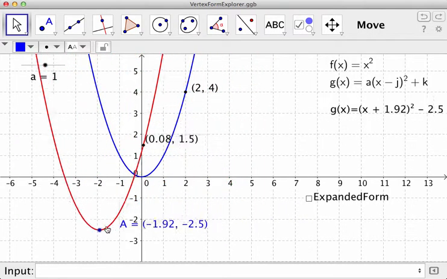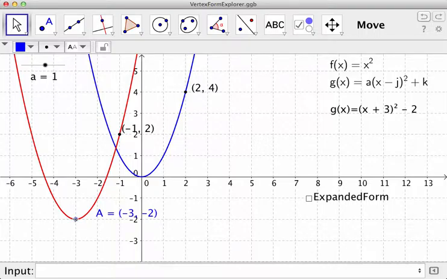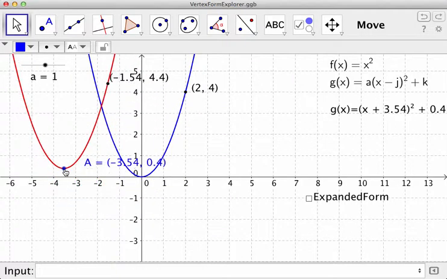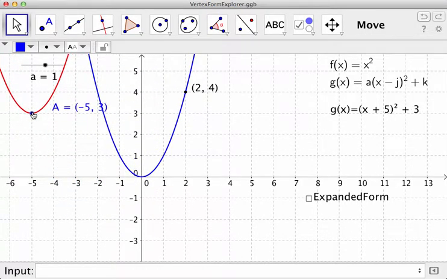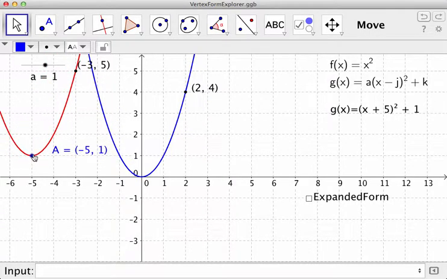So if we were to slide this over here, we end up with x plus 3 squared minus 2, because now we have to add 3 to the value of x, square that, and subtract 2 to get the value of y. Over here, let's say we put the vertex at negative 5, 1, and what's true anywhere along this red quadratic now is that x plus 5 squared plus 1 is equal to y.